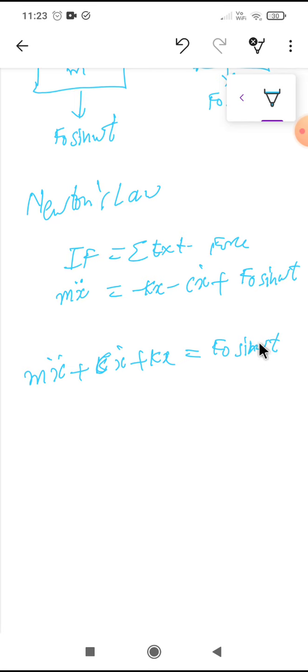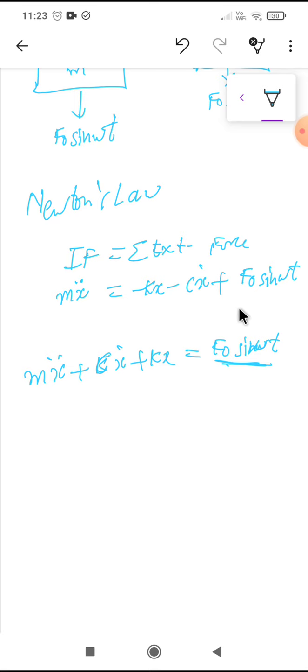Now you can see the difference between free and forced vibration in the form of the equation. We got the same equation, but in free vibration the right-hand term used to be 0, and now it is not 0, because there is a force acting.